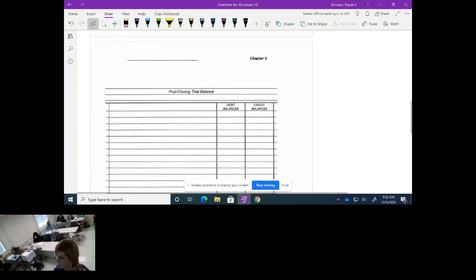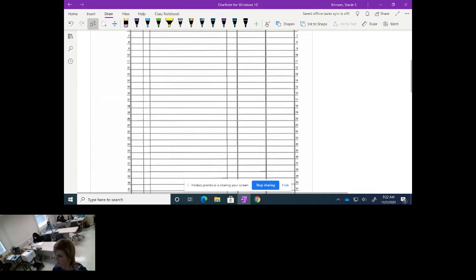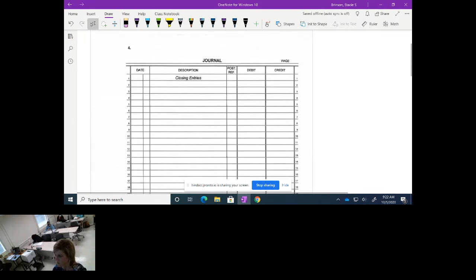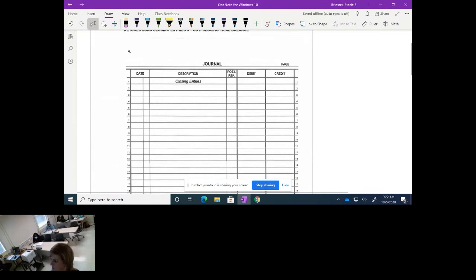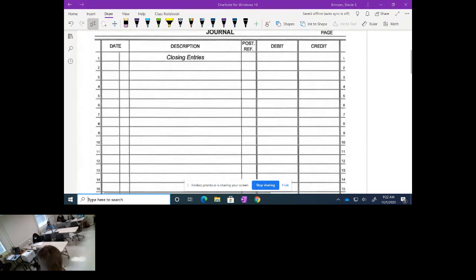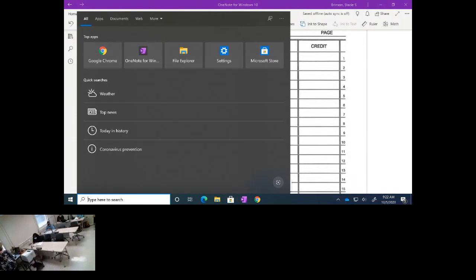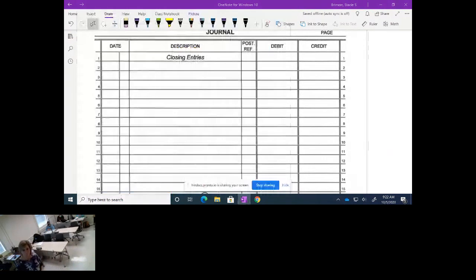All right, so the first page of this thing. Let's do the closing entries for Net Solutions. And their year end was December 31st, so put December 31 up here. All right.